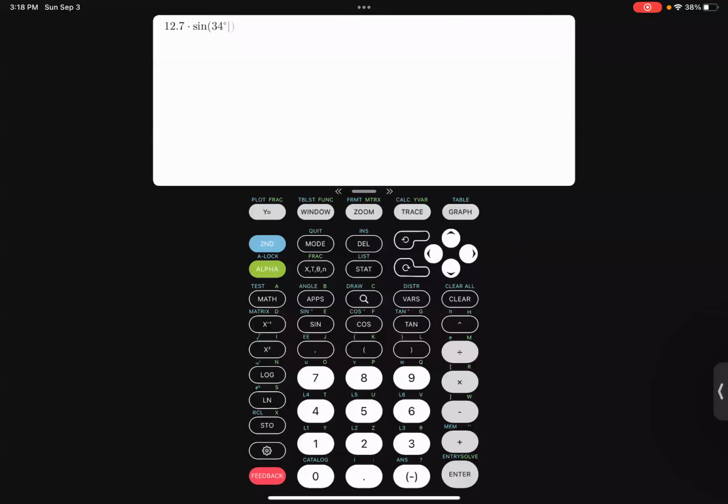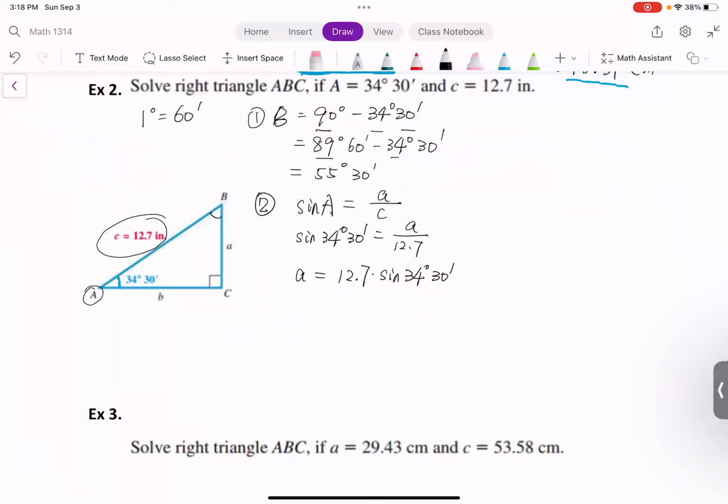This is degree. We hit enter, and the 30. That is the minutes. We can click second, APPS, move the cursor down, hit enter. So we insert the data. Now we hit enter.